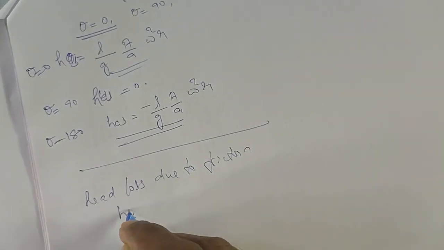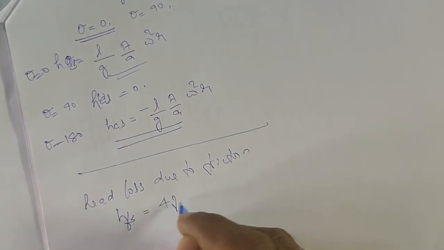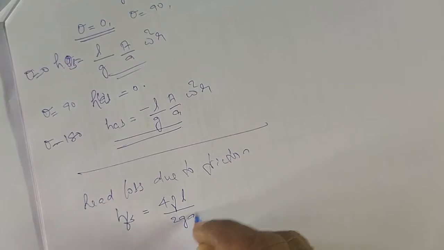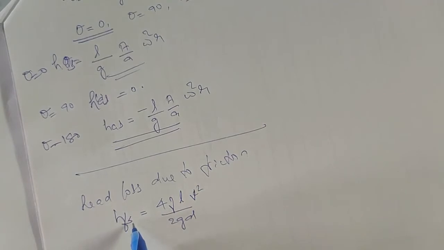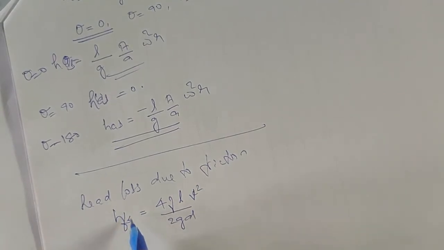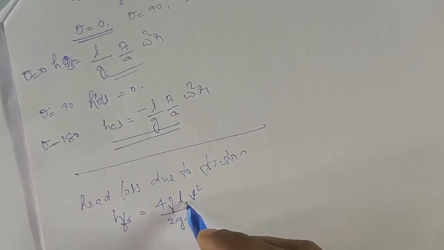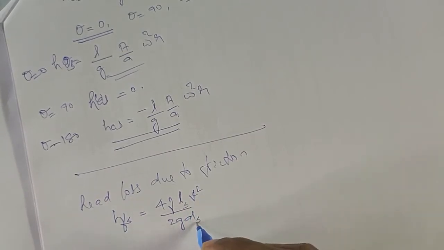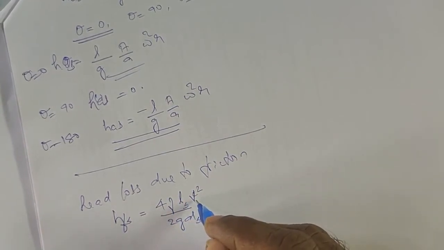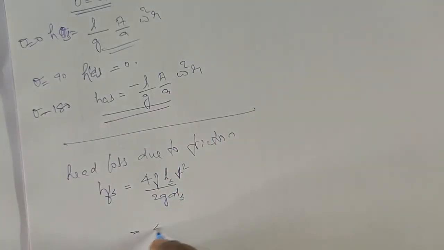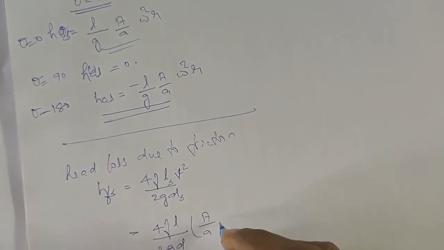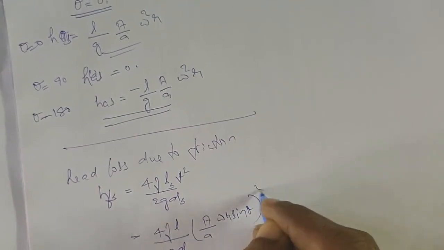HFS is equal to 4 F L V square by 2 G D, where, for finding the friction head loss in the suction pipe, L will be LS, the length of the suction pipe, D will be the diameter of the suction pipe, F will be the coefficient of friction in the suction pipe, and V will be the velocity of flow in the suction pipe. That velocity we are all familiar with. What is that velocity? It is A by a, omega R sine theta, the whole square.